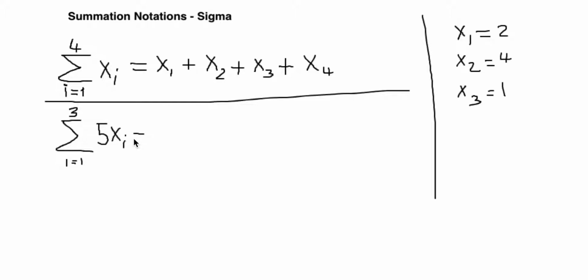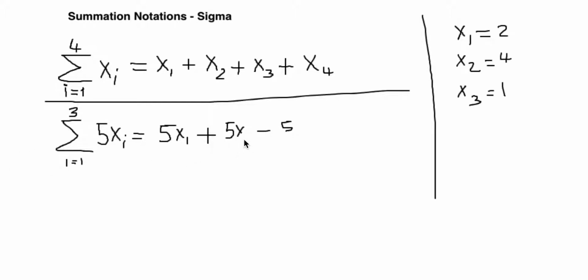Well, again, because we're using the order of operations, 5 times x sub i basically means the first term will be 5 times x sub 1, and then the second term will be 5 times x sub 2, and then the last term will be 5 times x sub 3.